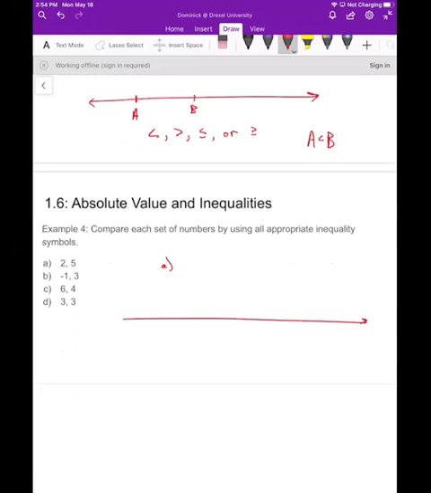So for example, let's put all these numbers on here. For part A, we have 2 and we have 5, right? Which one's further to the left? 2 is, so 2 is less than 5. For part B, we have -1 and 3. Of course, -1 is further to the left, so we have -1 less than 3.